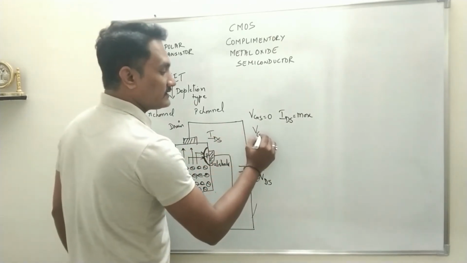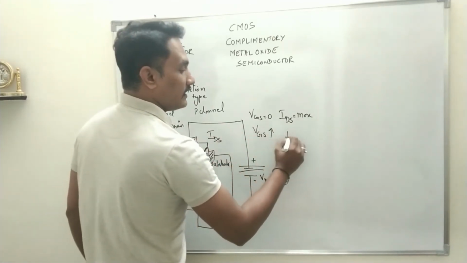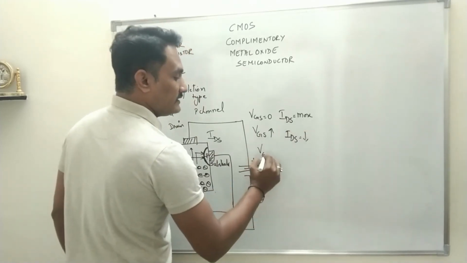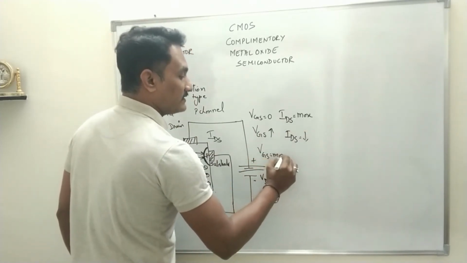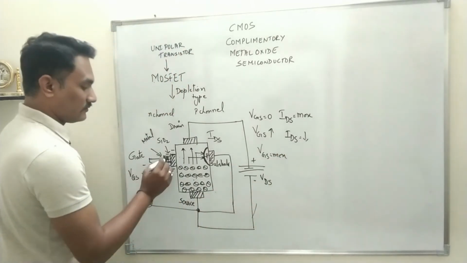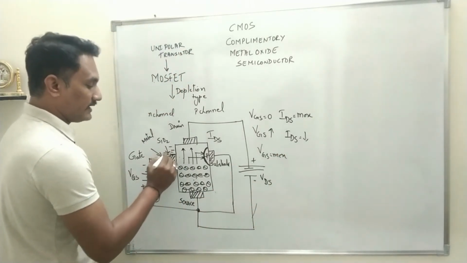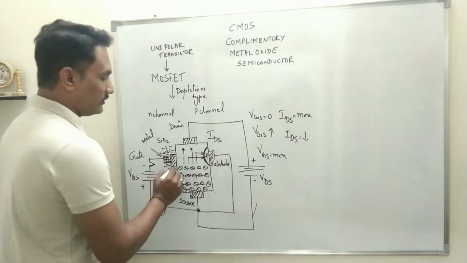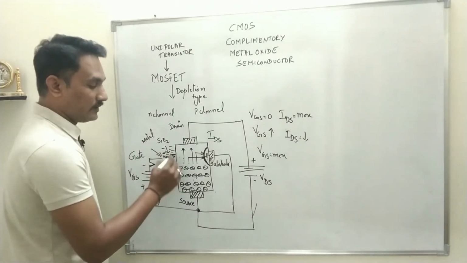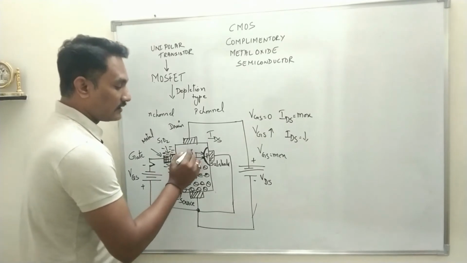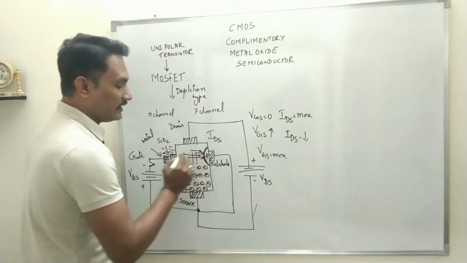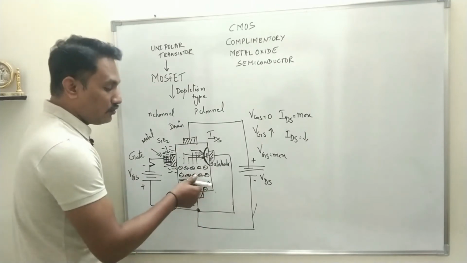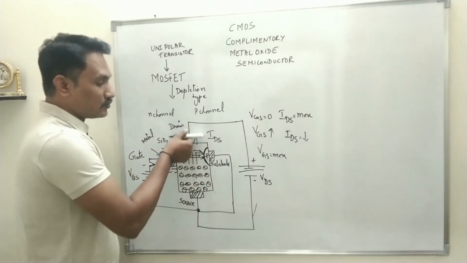So when VGS increases, IDS decreases, and when VGS is maximum, that means full potential is applied, a large amount of electrons will be accumulating in the capacitor formed by MOS. Now all the electrons which were moving towards the drain will move towards the PN junction. That means no charge carrier will move from source to drain.